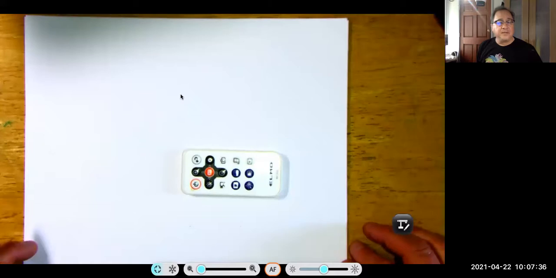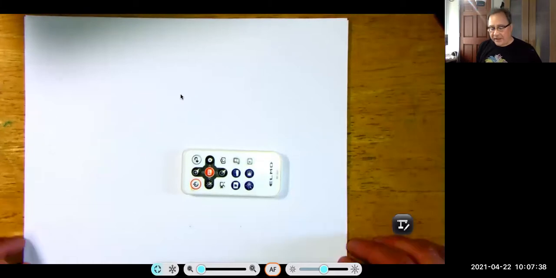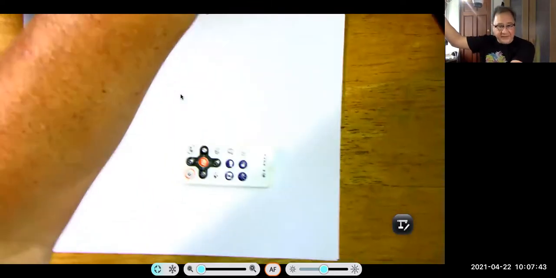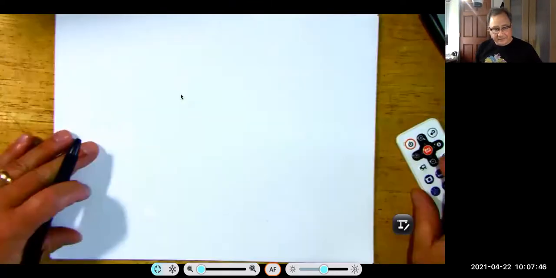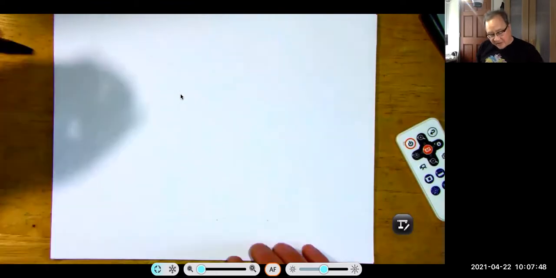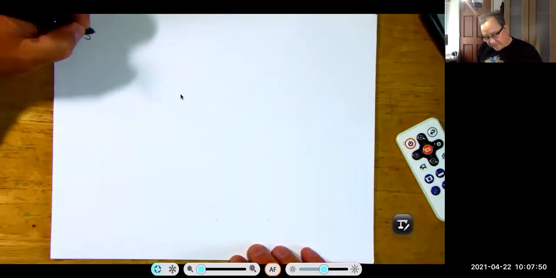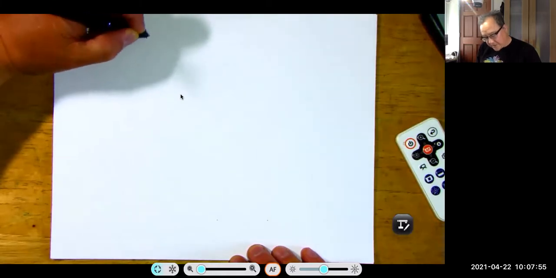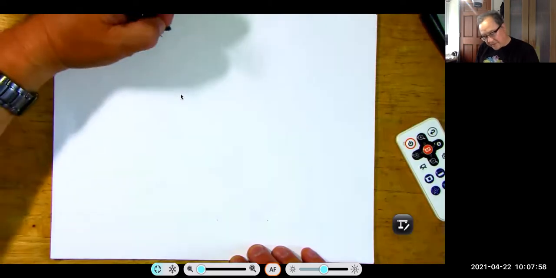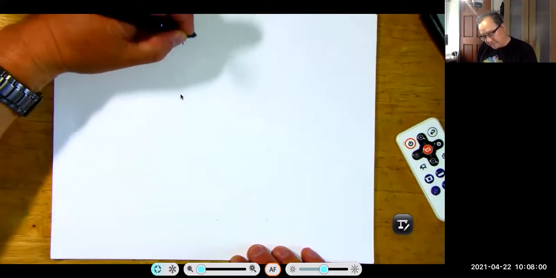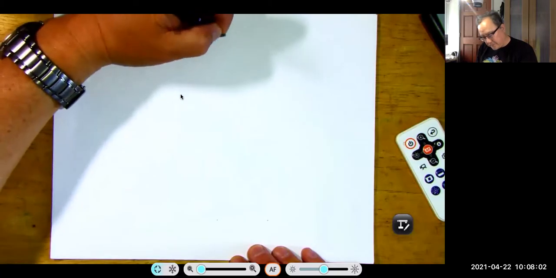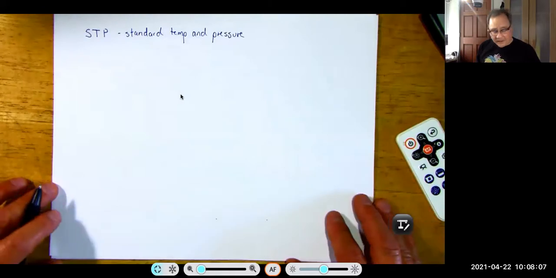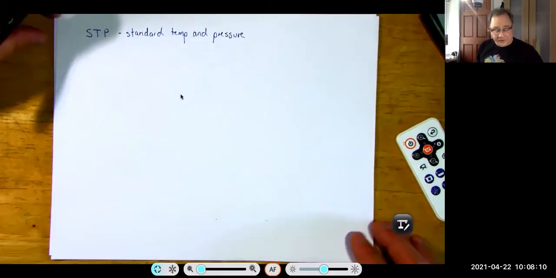But what are the conditions that would help you to have more of an ideal gas than less of an ideal gas? One of the things that you need to know about is called STP. That stands for standard temp and pressure. You would think that standard temp and pressure would be the pressure of the atmosphere, which it is.